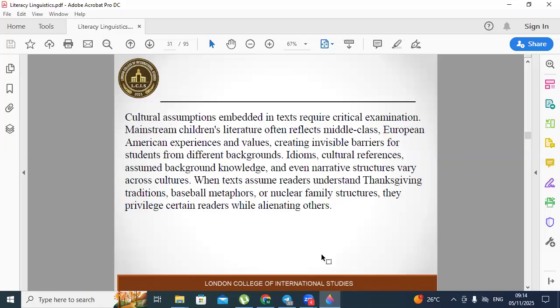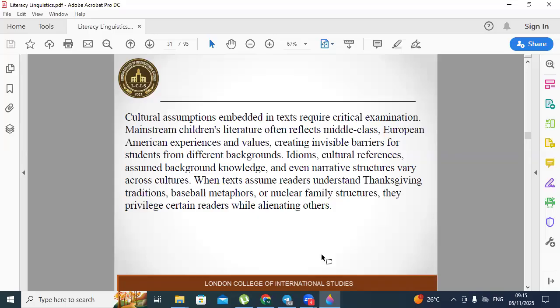Mainstream children's literature and educational texts often reflect middle class European American experiences and values. These texts assume certain shared cultural knowledge, references, and narrative structures that not all students possess.